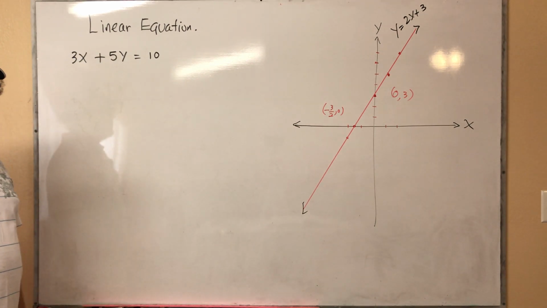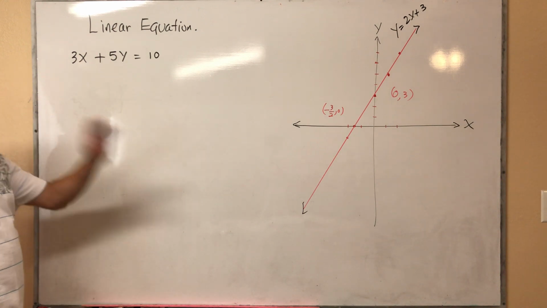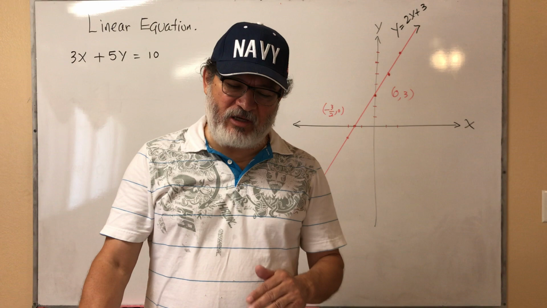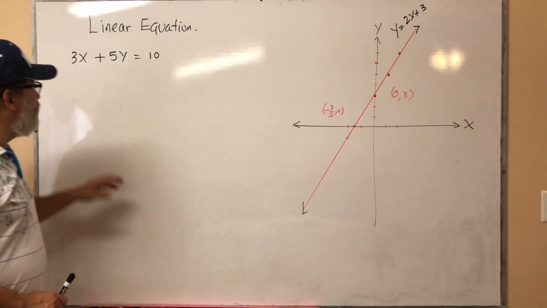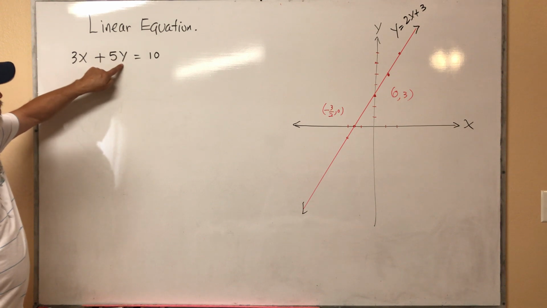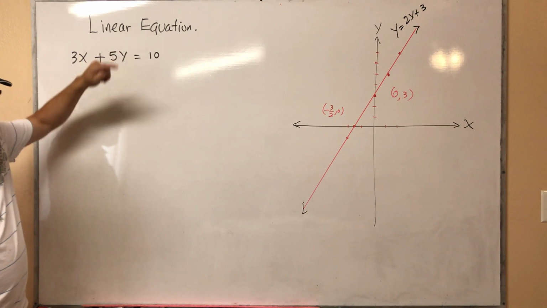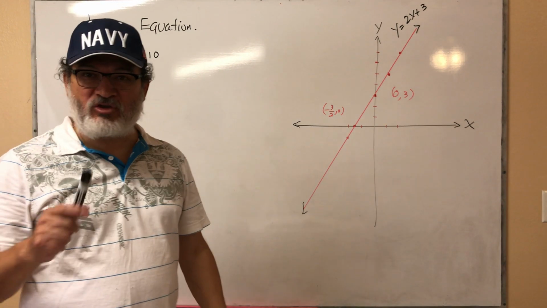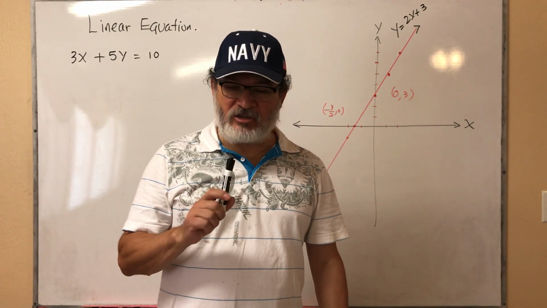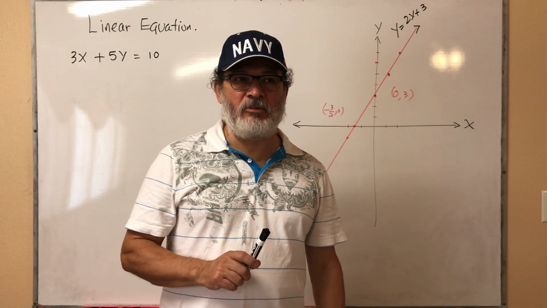I'm gonna graph it. This is a linear equation. By the way, how do you know if you have a linear equation? Well, the power of x is 1 and the power of y is also 1. If the power of those two variables changes to 2 or 3, it's no longer linear.